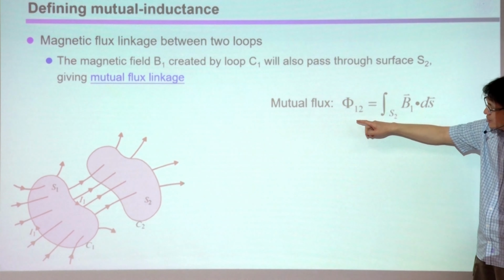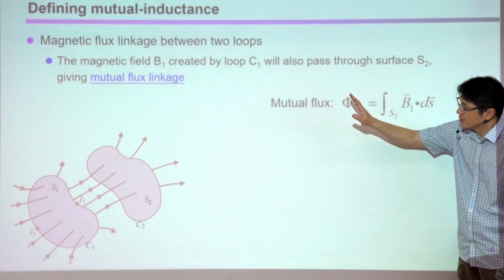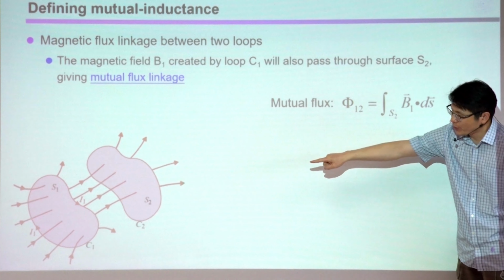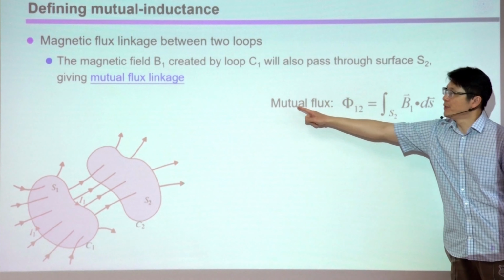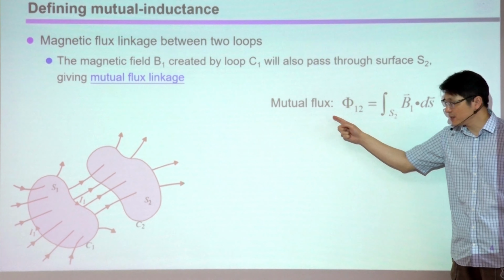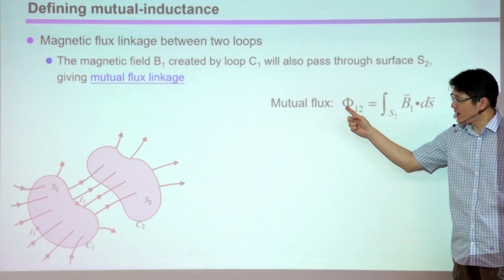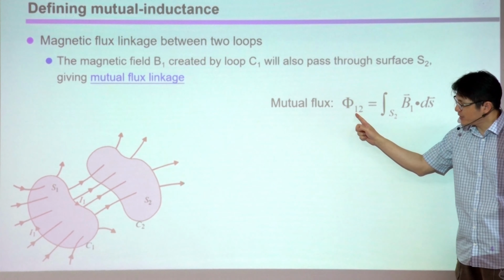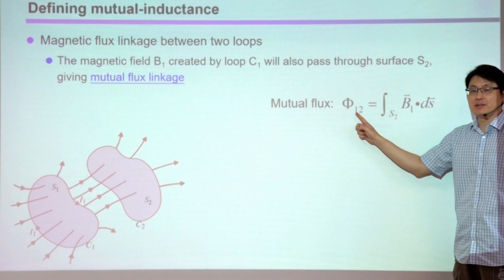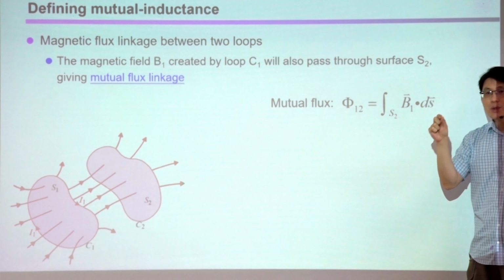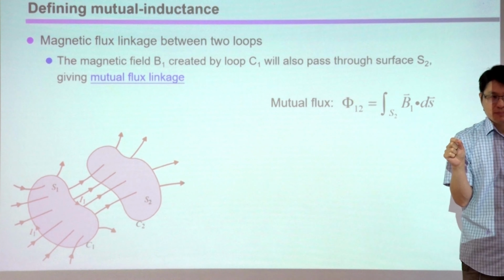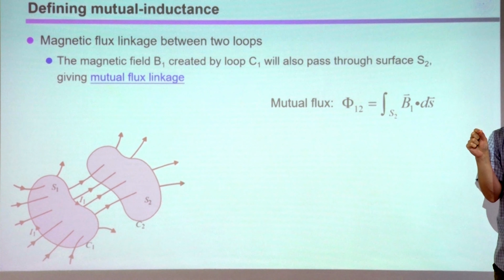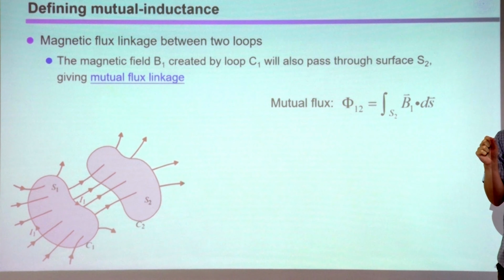For this reason, the flux for C2 is called the mutual flux. And it's defined by phi 1, 2. If you still remember, the first subscript tells you which loop is generating the field lines.